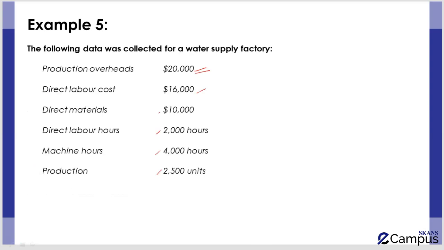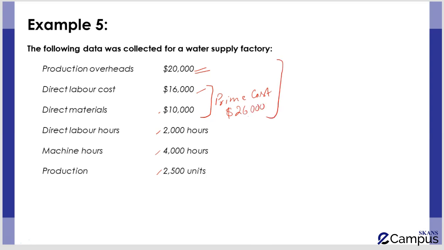Here I would like to tell you how we will get our prime cost. Prime cost is the sum of direct costs. In this example, we have two direct costs, direct labor and direct material. So our prime cost would be $26,000.